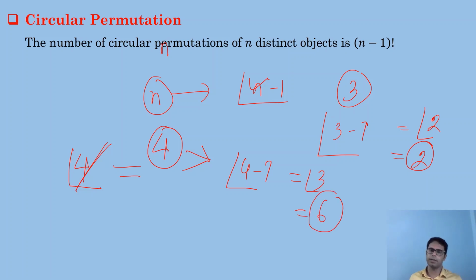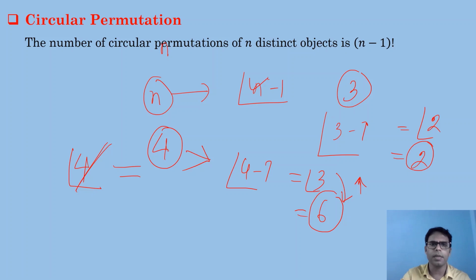Some of these are clockwise permutations and others are anti-clockwise permutations. So whenever you have n different objects, the total number of circular permutations is factorial of n minus 1. How it is n minus 1, I will discuss just later on.